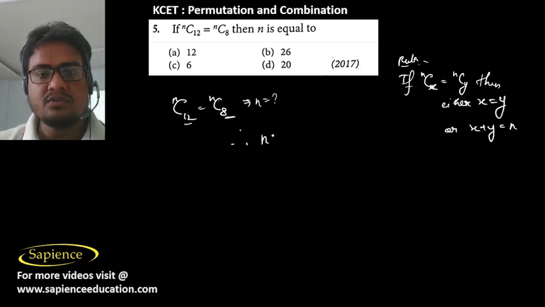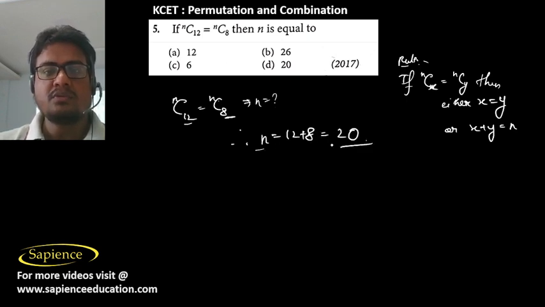So therefore N should be equal to 12 plus 8, that is 20. So N should be equal to 20. So option D is the correct answer.